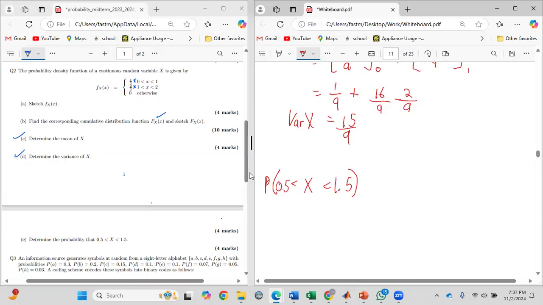You don't need to worry about less than or equal to for continuous. You just use the number, because 1.5 and 1.499999 doesn't really make any sense. It's continuous. So this will be the same as saying the probability 0.5 is less than or equal to x, like 1.5.